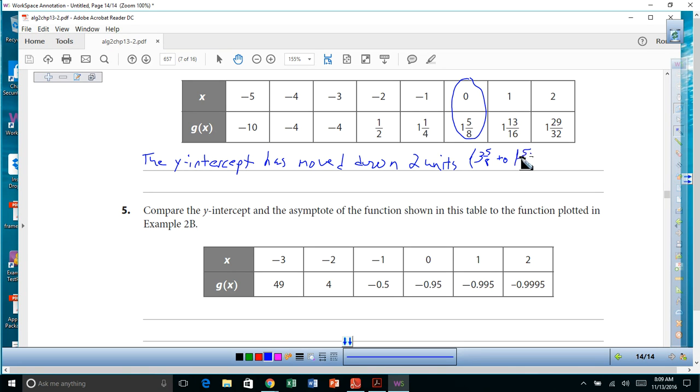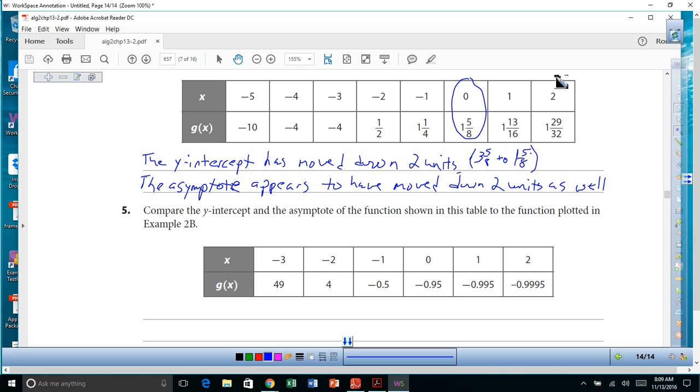1 5/8. And what else? The asymptote appears to have moved down 2 units as well.